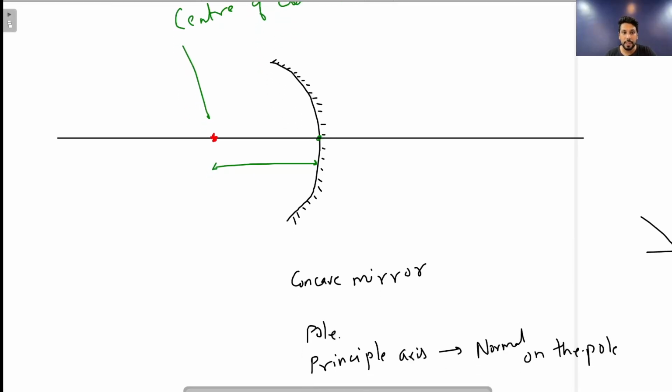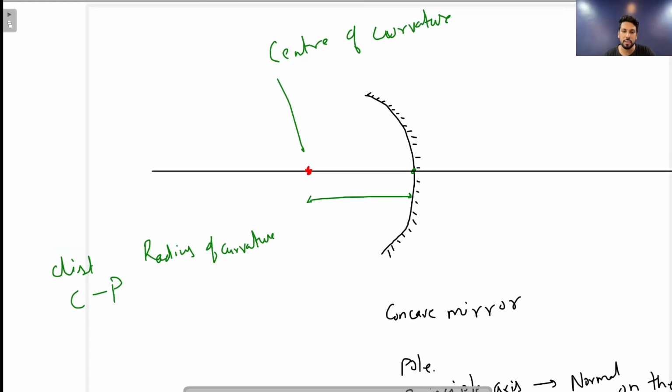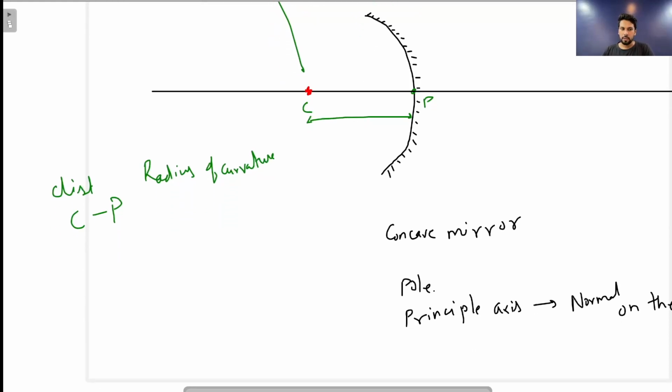The radius of curvature is a distance; the center of curvature is a point. The distance between C and P, where C is the center of the sphere and P is the pole, which I discussed already, is called the radius of curvature.